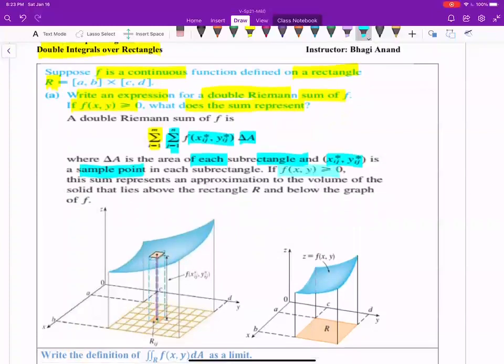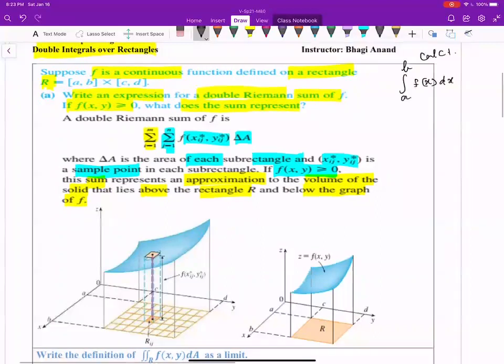If f of x,y is greater than or equal to 0, then this sum represents an approximation to the volume of the solid that lies above the rectangle R and below the graph of f. So what it means is that this is only an extension of the single variable definite integral that you did in Calc 1 class.